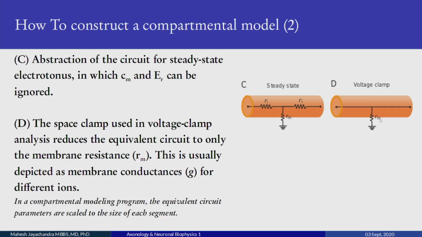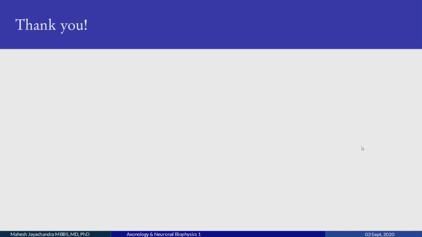And instead of Rm, you call it G because it's conductance, which is the inverse of resistance. And finally, the equivalent circuit parameters can be scaled to the size of each segment. One segment may be big, so we can scale that. The next segment may be small, so we can adjust to the size. Okay. So thank you, and in the next session we will get into details of neuronal biophysics.